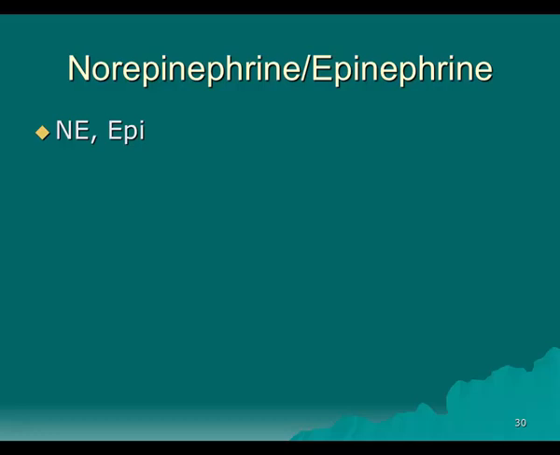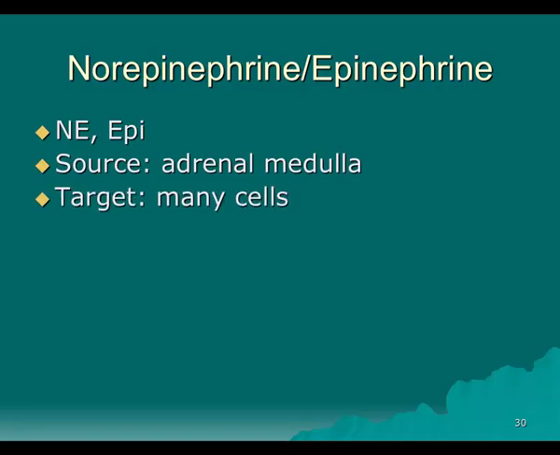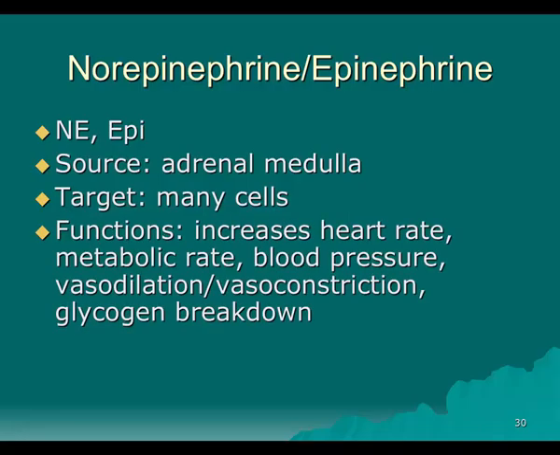Norepinephrine or epinephrine, used interchangeably, released from the adrenal medulla. It can target almost every cell in the body, but you probably know that it speeds up your heart, opens your airways, and raises your blood sugar. It also increases mental alertness, dilates the pupils, increases metabolism, slows digestion, and slows kidney filtration.